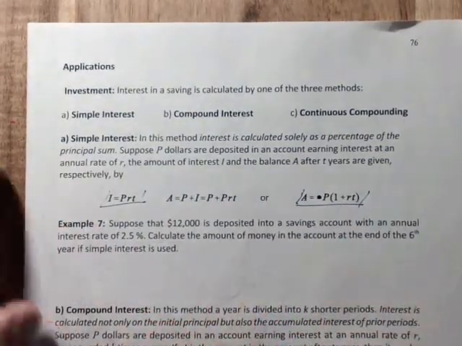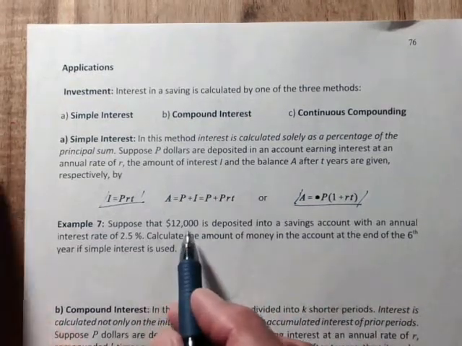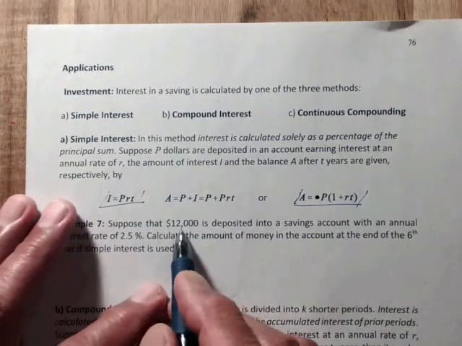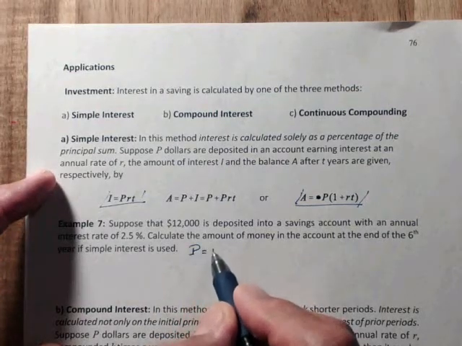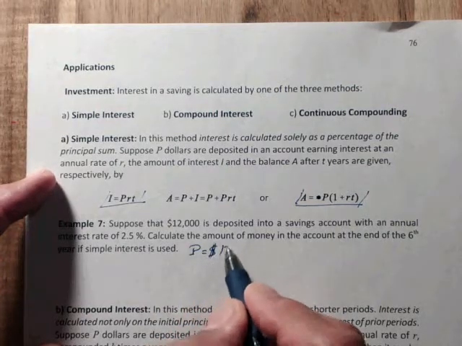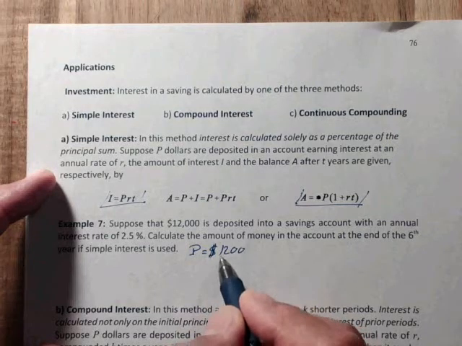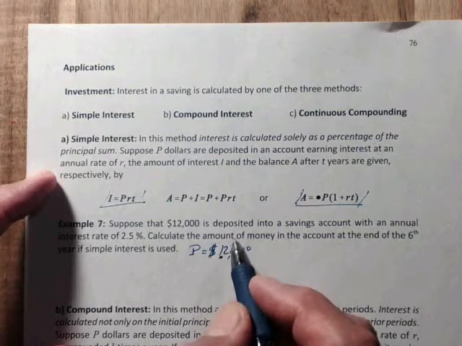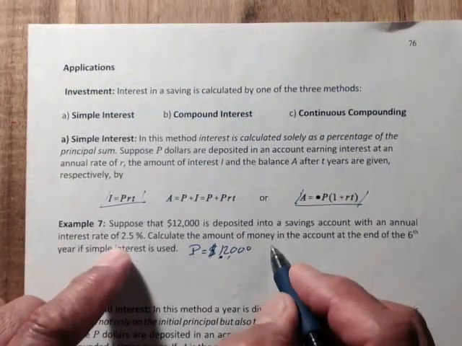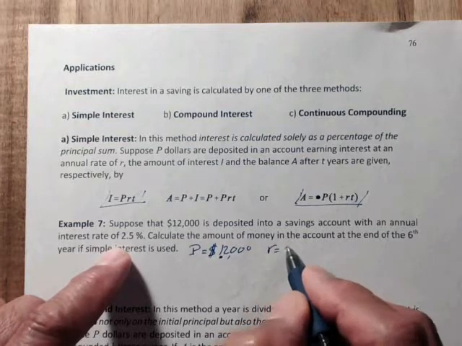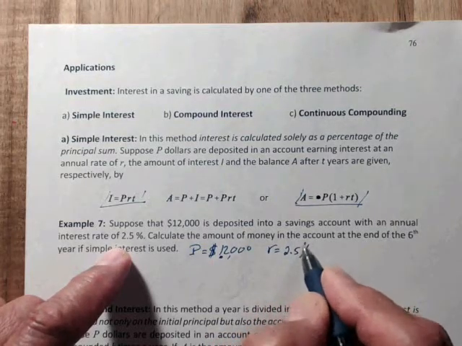For example, if you invest or deposit $12,000, so P is $12,000, and the annual rate is 2.5%, so R is 2.5%.